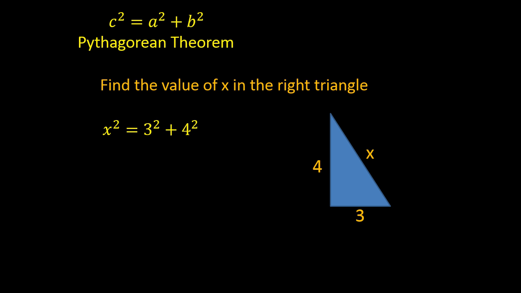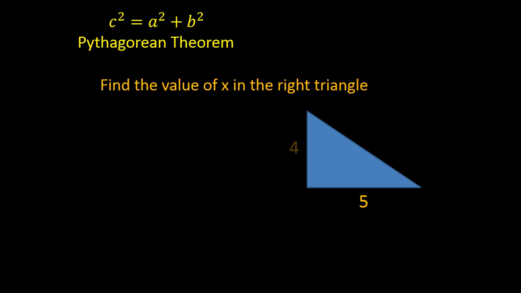According to the Pythagorean theorem, the square of the hypotenuse, so x squared, is equal to the sum of the squares of the other two sides, so that's 3 squared plus 4 squared. That means that x squared is 25, or x is 5. So we can find the length of a third side of any right triangle now if we know the lengths of the other two sides.